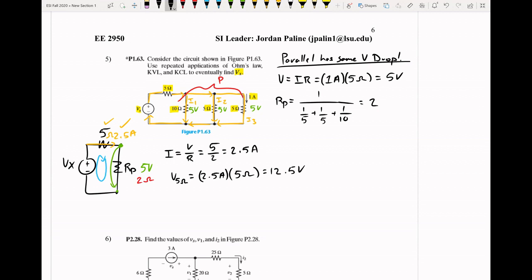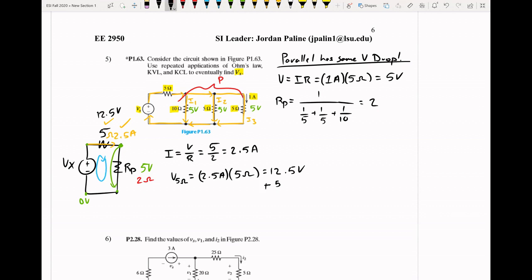So if we know that there's 12.5 volts here, and there's 5 volts there, and we're going to assume there's 0 volts here entering this battery, and we assume that all of our voltage from our battery is lost to our resistors, we can add those two voltages together.